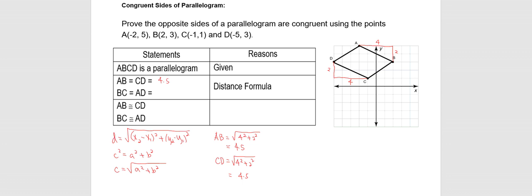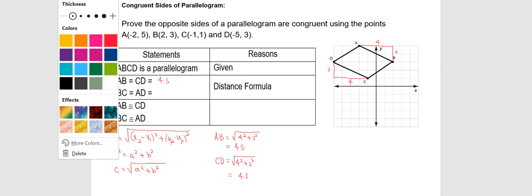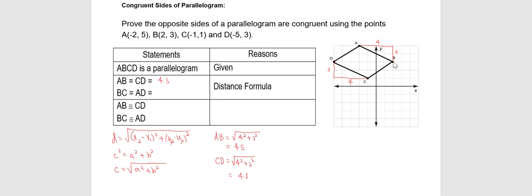Next, for the length of line segment BC, we again draw the right triangle from point B to point C. One leg measures 2 units, the other 3 units. We use the Pythagorean theorem.